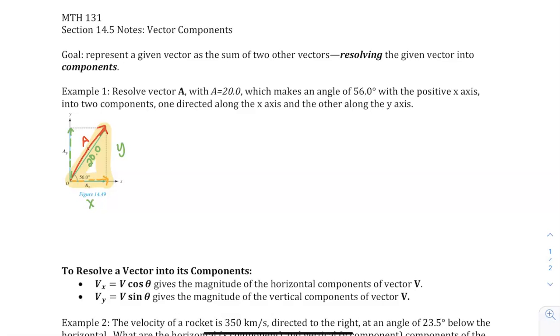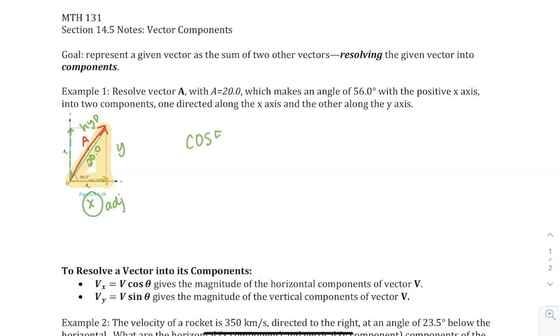So how would we solve this? How would we find X? Well, that's the adjacent over the hypotenuse for this given angle, 56 degrees. Remember, our vectors have to have magnitude and direction, so we had a magnitude of 20, but we also see that it's in this 56 degree direction. So how would we set that up?